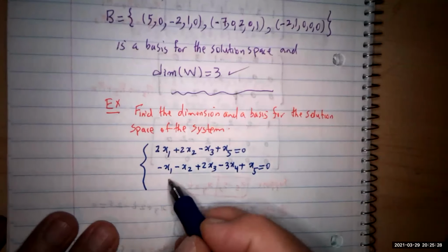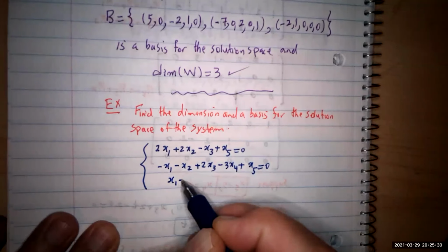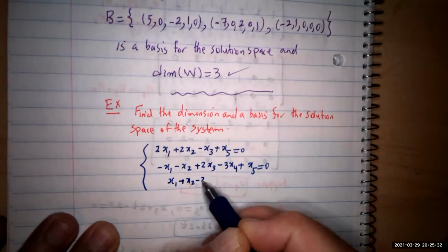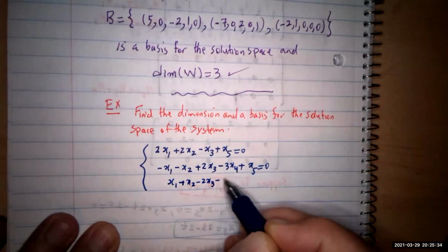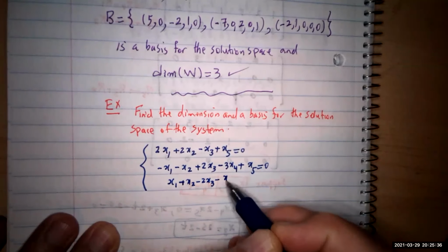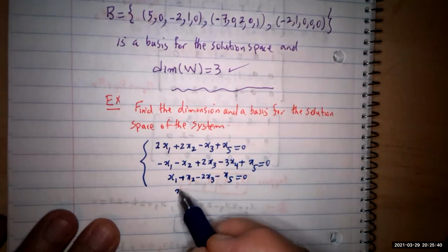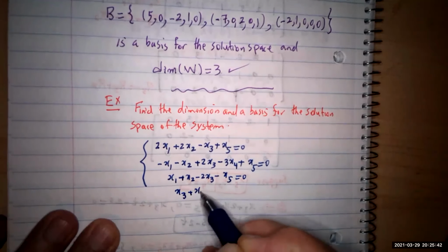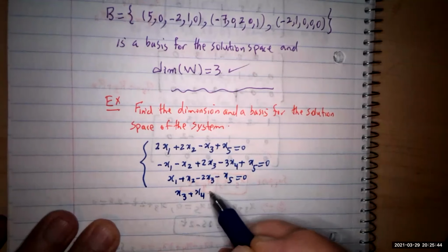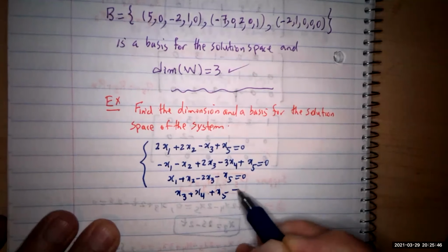You have a third one, which is x1 plus x2 minus 2x3 minus x5 equal to 0. And the last one is x3 plus x4 plus x5 equal to 0.